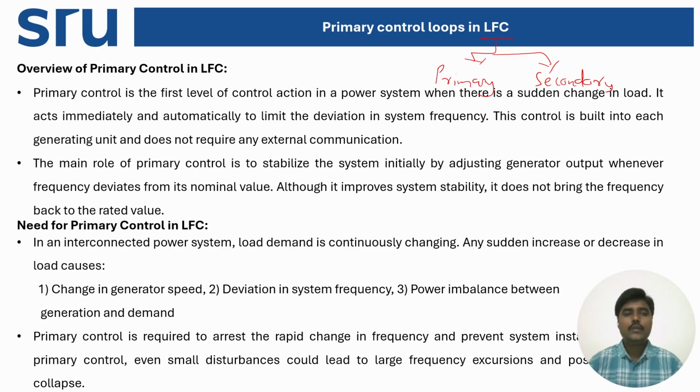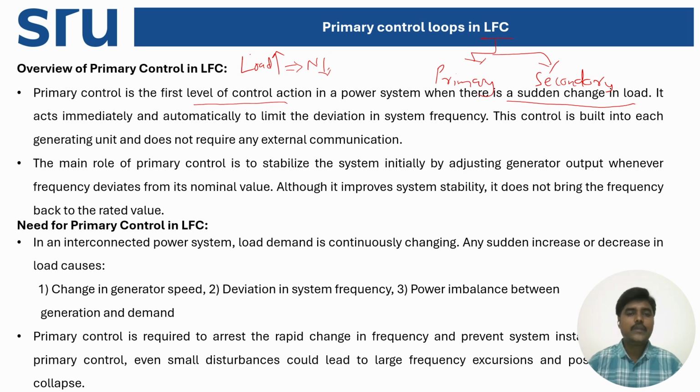So primary control layer is the first level of control action in a power system whenever there is a sudden change in the load. That means, let's say when the load is increasing suddenly, obviously the machine speed will try to reduce. That is a natural tendency of any dynamic rotating machine.